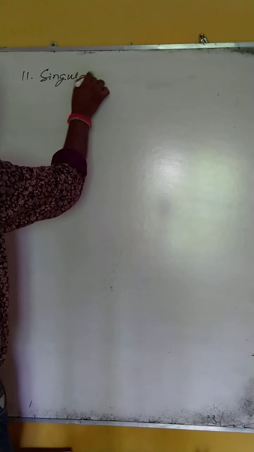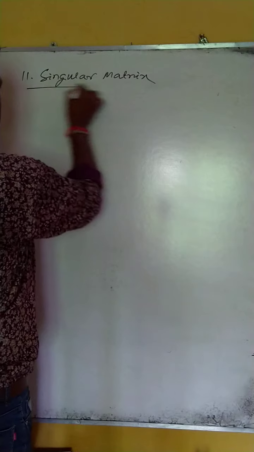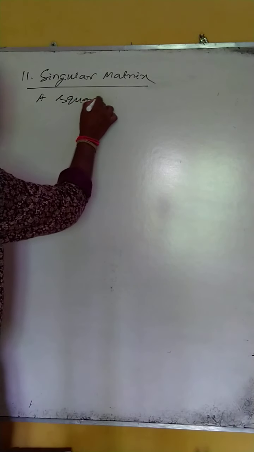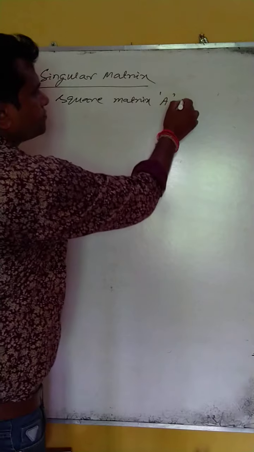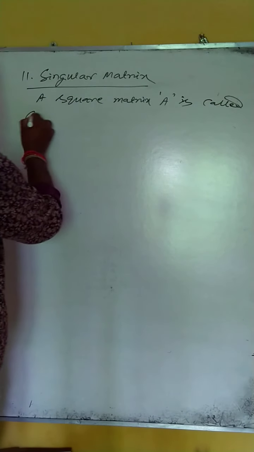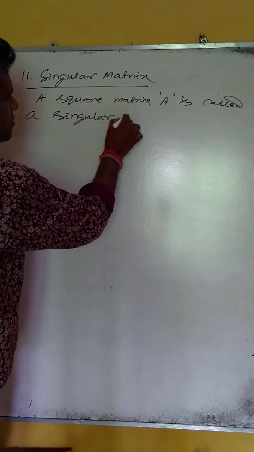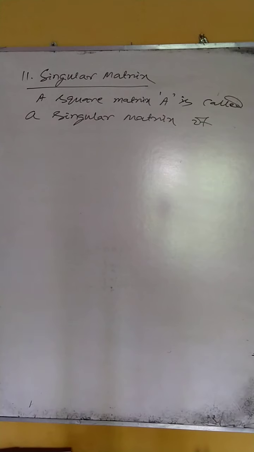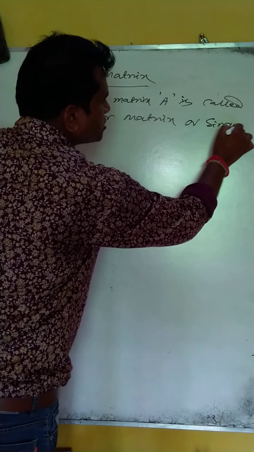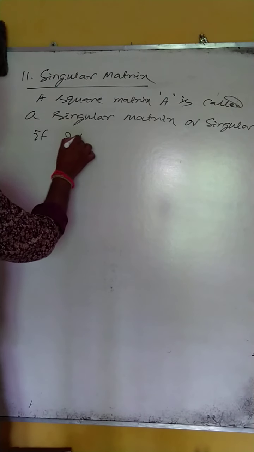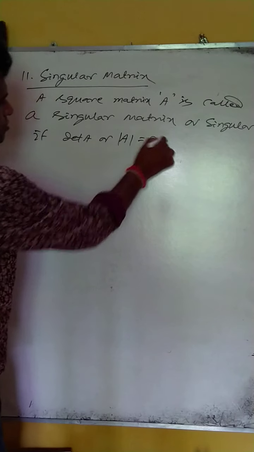Singular matrix. A square matrix A is called a singular matrix, or simply singular, if determinant A is equal to 0.